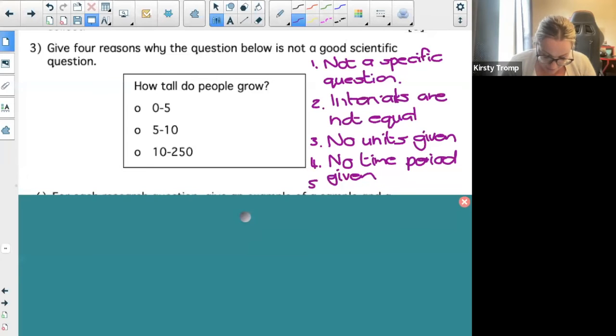For number 5, they're just saying, how tall do people grow? Well, which people? Do they want all the people in the world? Do they want people in South Africa? Do they want people within the Western Cape, people within KZN? Do they want people in Australia? So the population is not specific either.